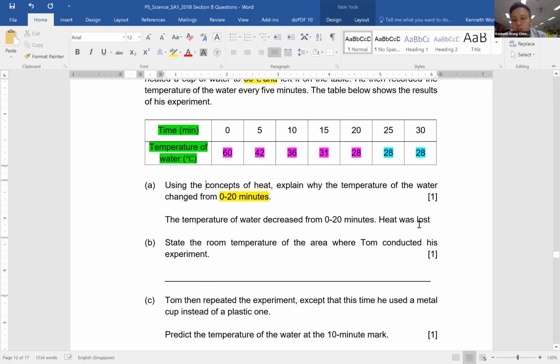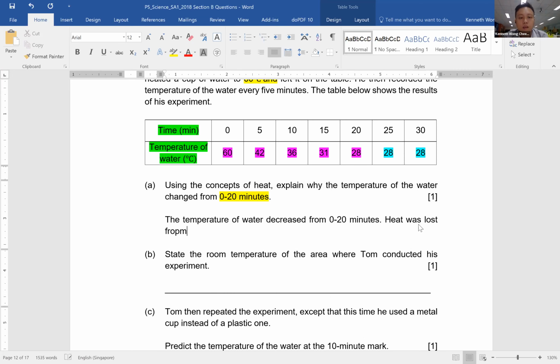So heat was lost from where to where? From the hot place to the cold place. So heat was lost from the hotter place, from the water, to the surroundings. So where do you get that 1 mark? The 1 mark comes from here. Heat was lost.